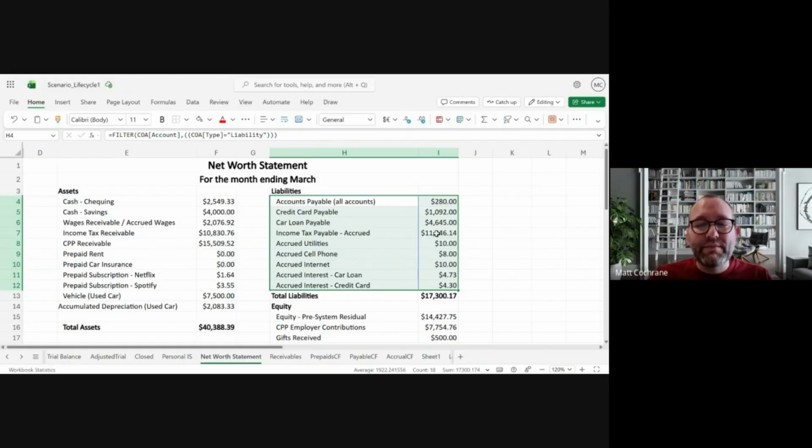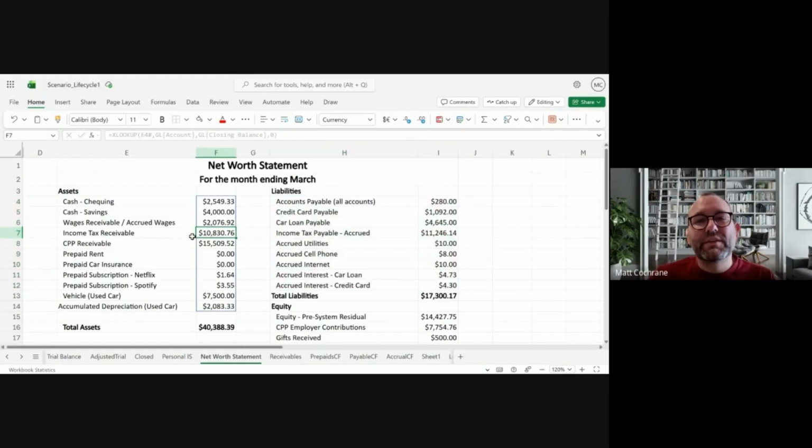Which is why the income tax accrued is different from the income taxes receivable. Remember at month end, if you've worked a certain amount of time, but you have not yet been paid, then you're going to have the wages receivable, okay, the accrued wages. During that period of time, we're also matching our income taxes with an income tax expense and an income tax payable or accrual.